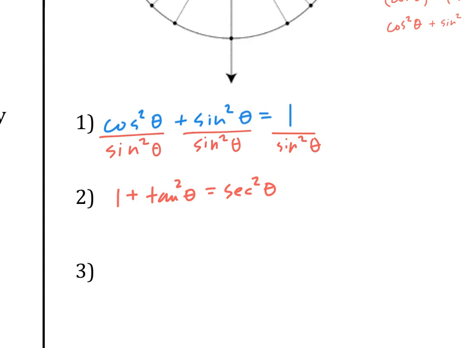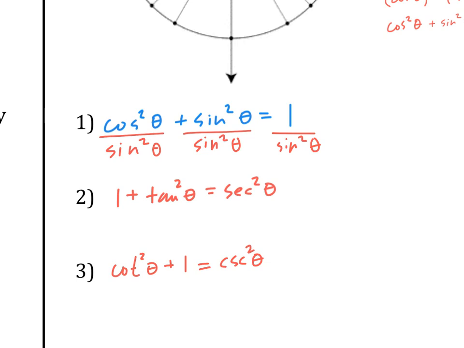So cosine over sine is cotangent, and since it's the whole thing squared, this is cotangent squared. Plus sine squared over sine squared is 1, equals 1 over sine squared. So that is 1 over sine, the whole thing squared. 1 over sine is cosecant, and then the whole thing squared, so cosecant squared.